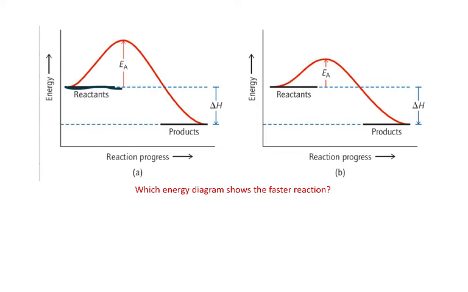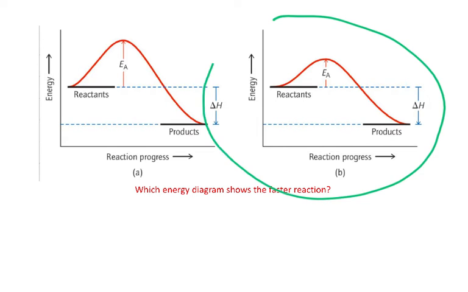The only difference overall is in the height of the hill, so the activation energy. So which energy diagram do you think shows the faster reaction? It would be the one on the right, reaction B, because it has a smaller activation energy. It's a smaller hill, it will be easier to get over, and reactants will turn into products faster.